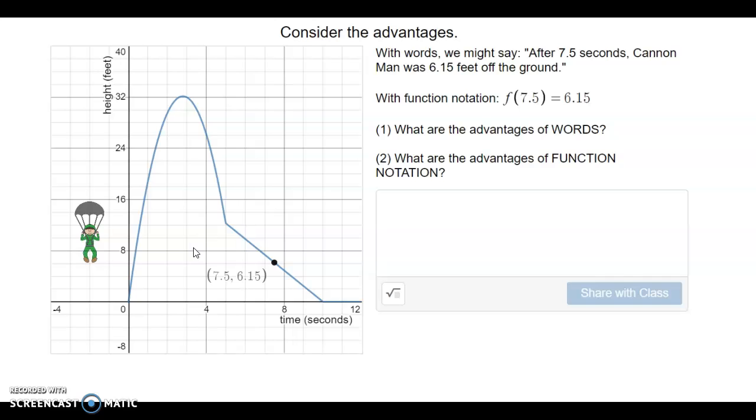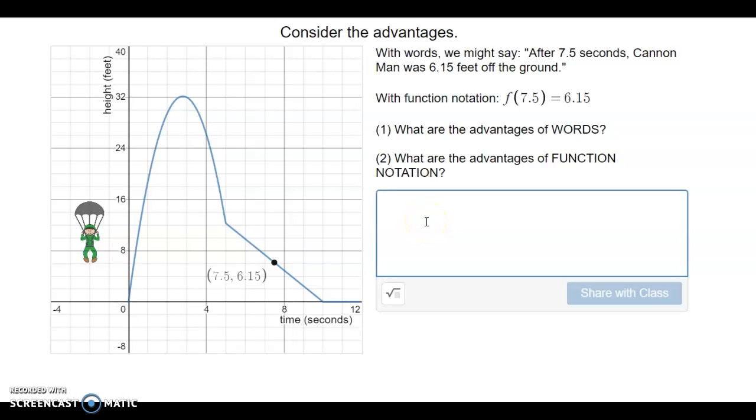So consider the advantages. Slide 9. In words, we might say after 7.5 seconds, Cannon Man was 6.15 feet off the ground, with the function notation f of 7.5 equals 6.15. What is the advantage of words and what is the advantage of the function notation?